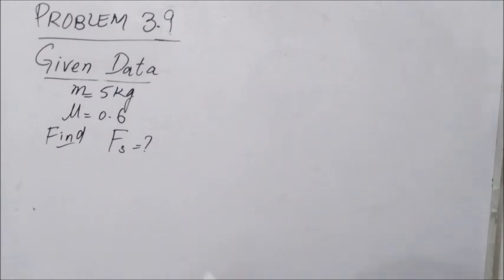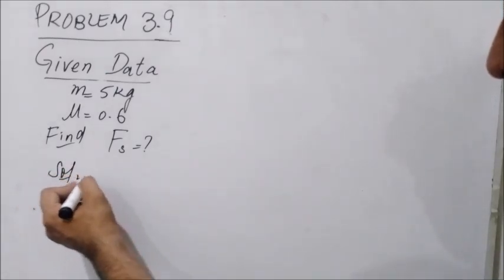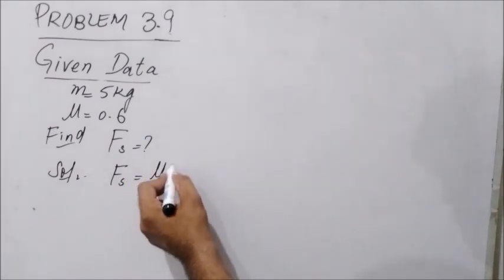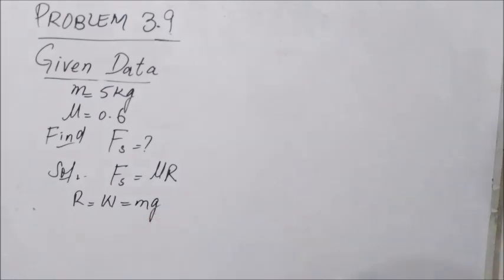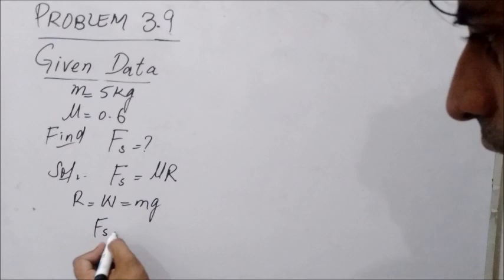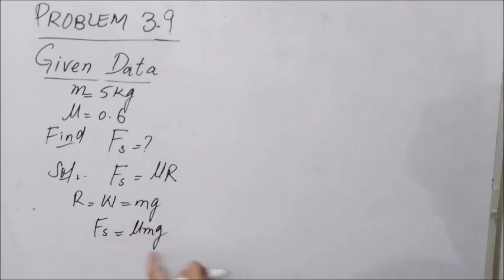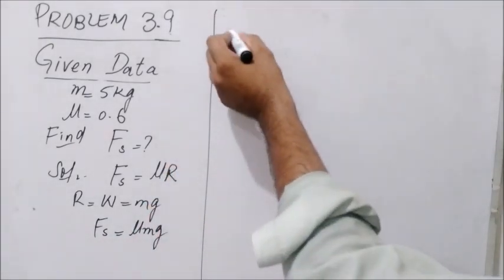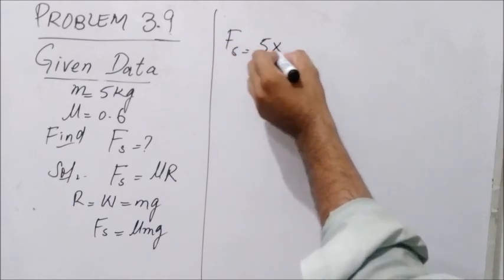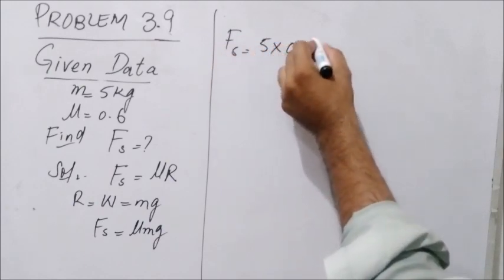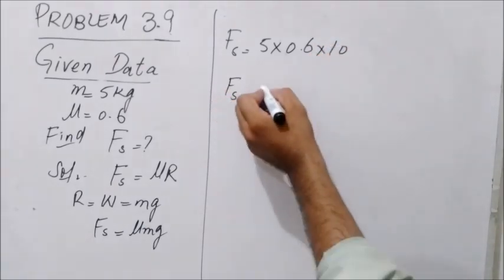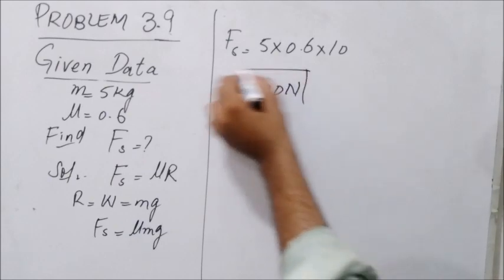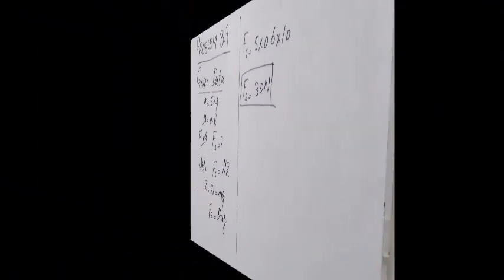The formula for the force of limiting friction is mu R, where R is the reaction force, which is equal to the weight, and the weight is equal to mg. So I can write Fs equals mu mg. I will put the values here. Mass is 5, mu is 0.6, and gravity is 10. So it will become 30 Newton. This is the required answer.